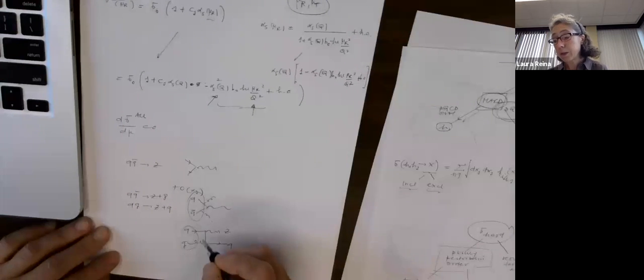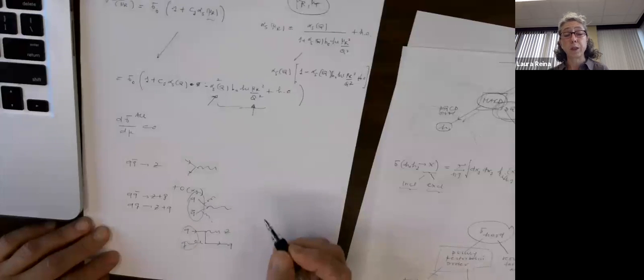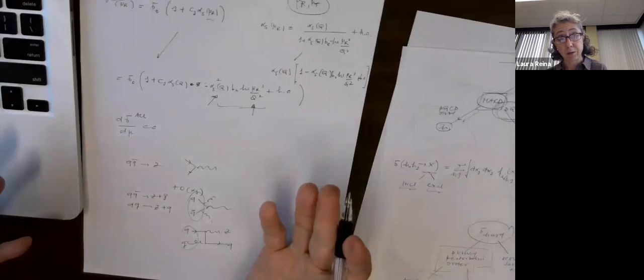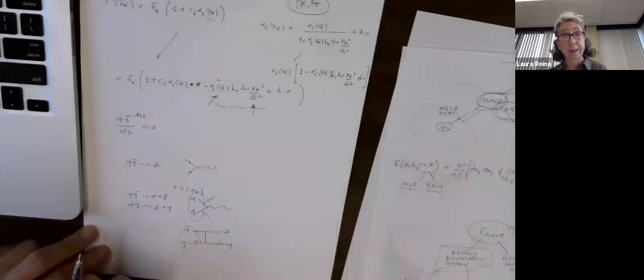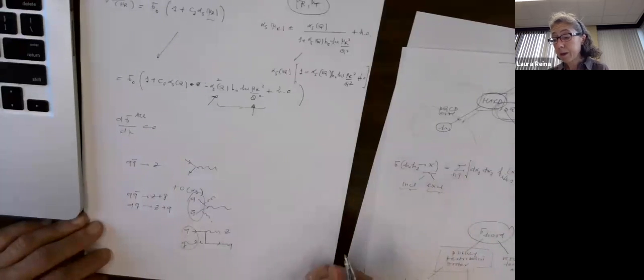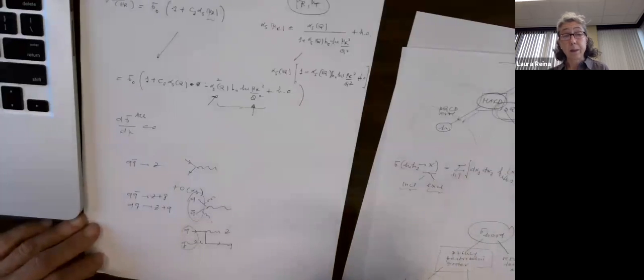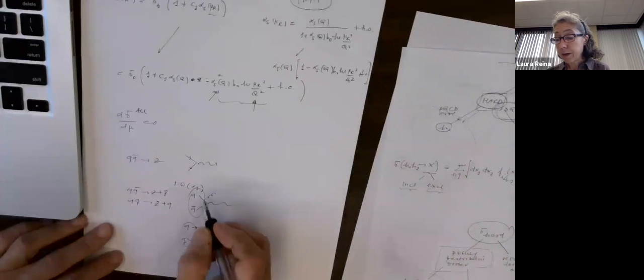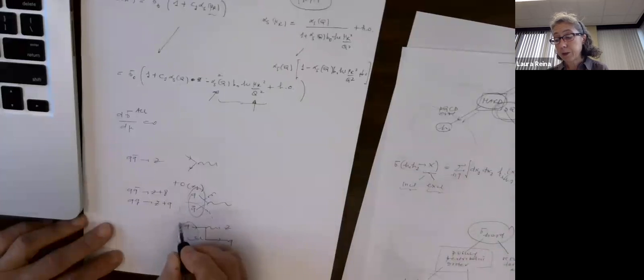So I have both sub-processes contributing to the total cross-section for the production of a Z from pp or p p-bar. Now, does this make a difference? Yes, it can make a big difference. And the reason is all related to the initial state parton densities.